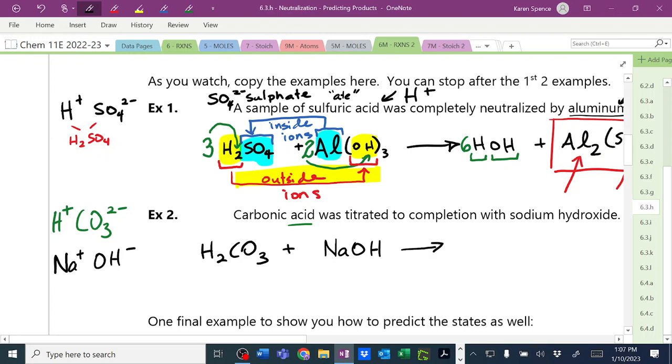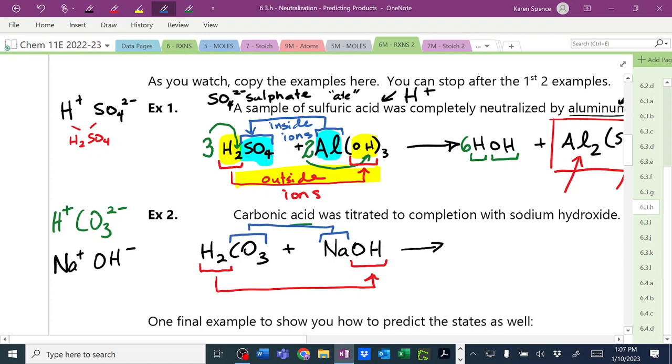How do you predict the products of a neutralization or a double replacement? Combine your outside ions, and you will combine your inside ions.